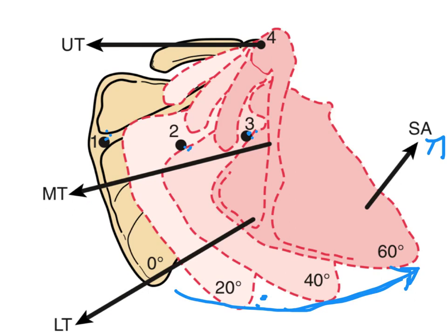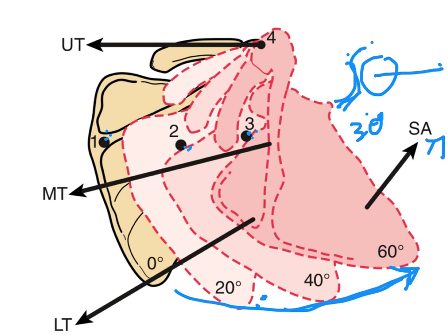So the glenohumeral motion, for example, this is the glenoid cavity, and this is the humerus. Up to this horizontal abduction, that means 90 degrees of abduction, there is 30 degrees of scapular rotation, which takes place by the sternoclavicular joint elevation.